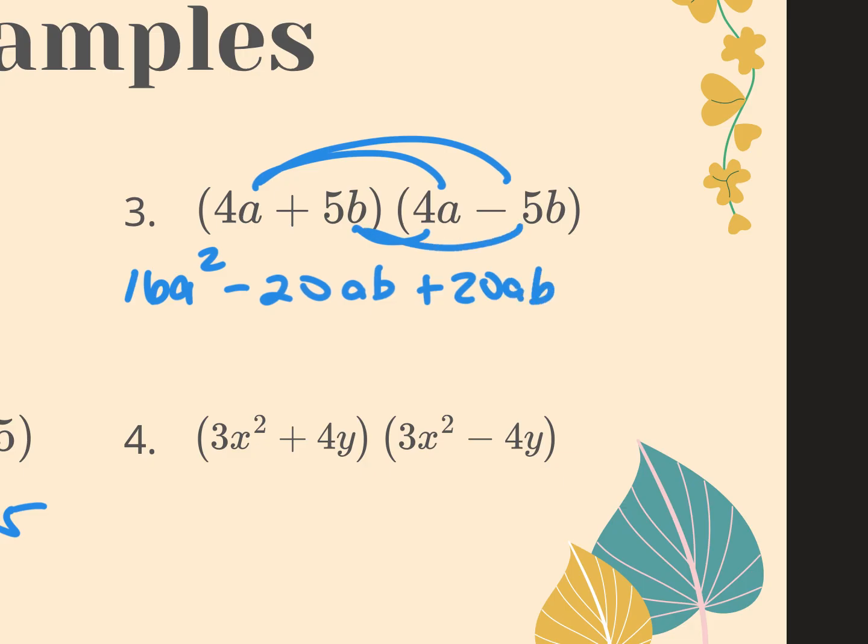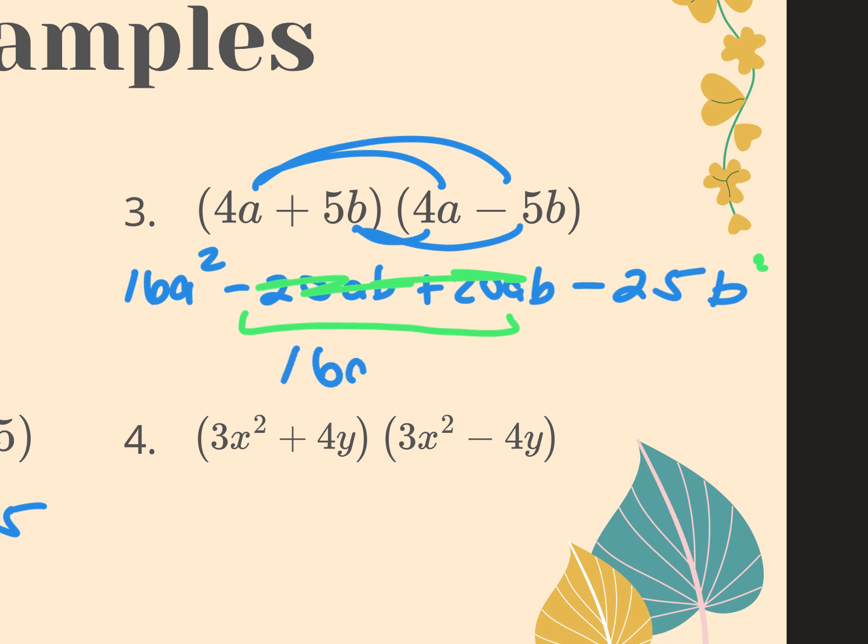And then 5 times negative 5 is going to give me negative 25. And what's b times b? b squared. Good. So what happens here in the middle, ladies and gents, with your negative 20ab and your positive 20ab? So you're left with 16a squared minus 25b squared.